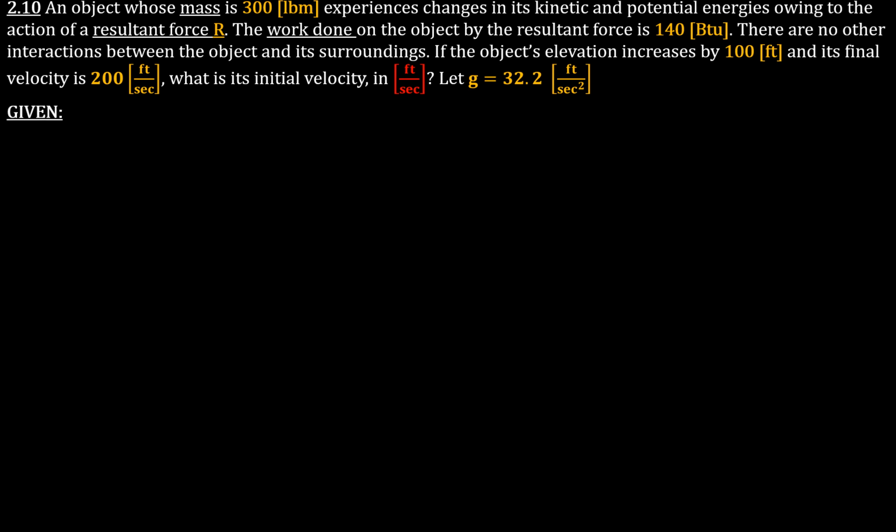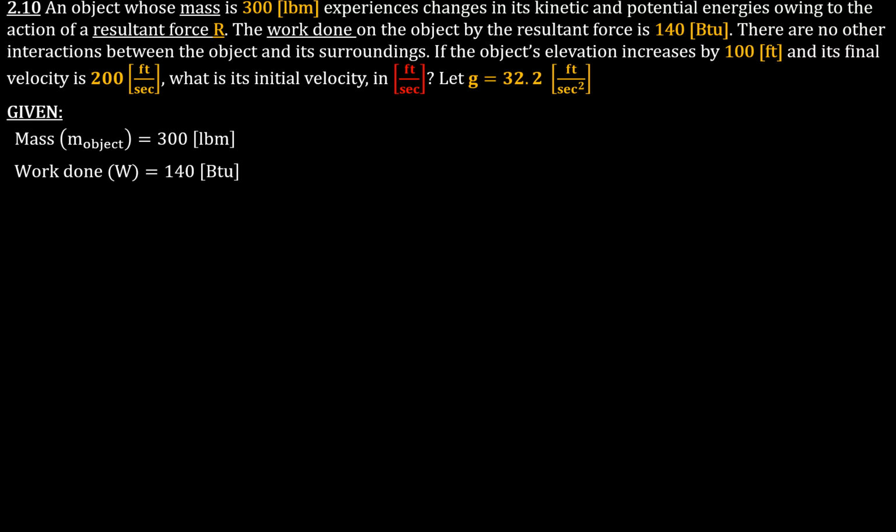All right, so now let's write what's given. We are given a mass of an object of 300 pound mass. The work done on the object because of the resultant force is 140 BTU.